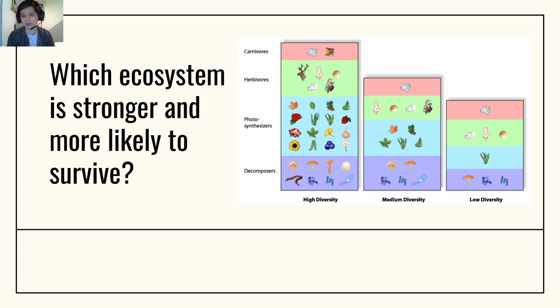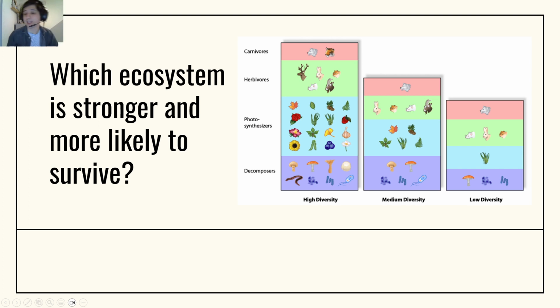So here's an example. Just looking at these 3 ecosystems here, which ecosystem is stronger and more likely to survive, right? The one with high diversity, the one with medium diversity, or the one with low diversity.